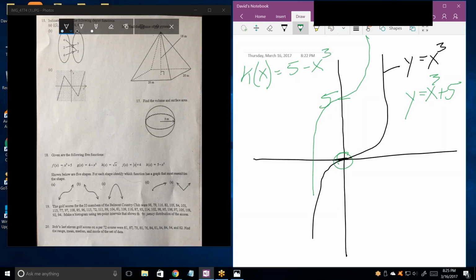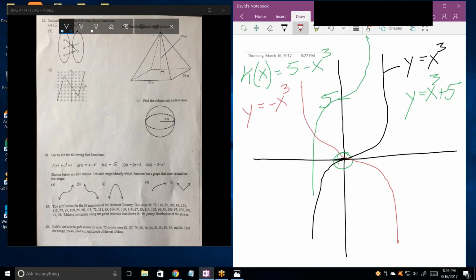So if I wanted to draw just y equals negative x cubed, I would take my black curve and reflect it over the x-axis, so it would look like this. By having a negative sign, it changes the orientation of the curve.